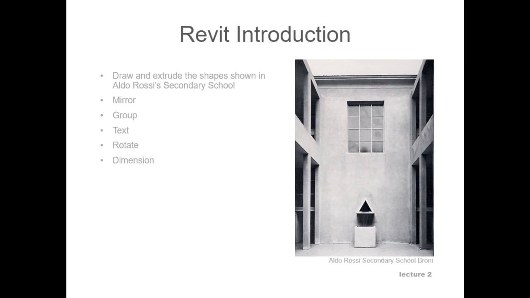Begin with those features, and if you're drafting quicker than your classmates, move on to only one side of the wall. We're all going to get these elements, and then we will learn mirroring, grouping, how to create text in Revit, rotate, and dimension.